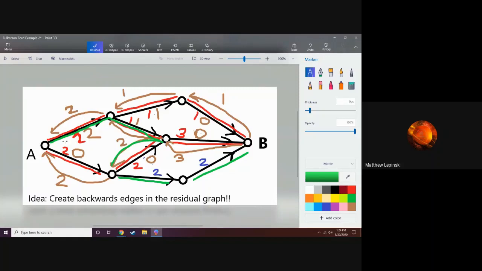And so I found that if I backtrack one of those 2 units using this backtracking edge, the backtracking edge still has capacity. And the capacity of a backtracking edge is exactly the amount of tentative flow that you're sending in the forward direction.